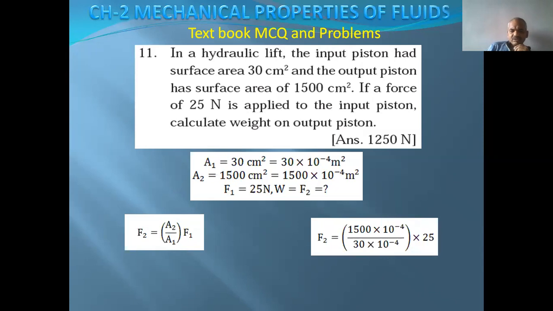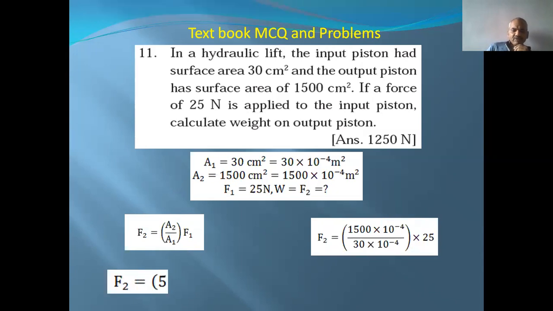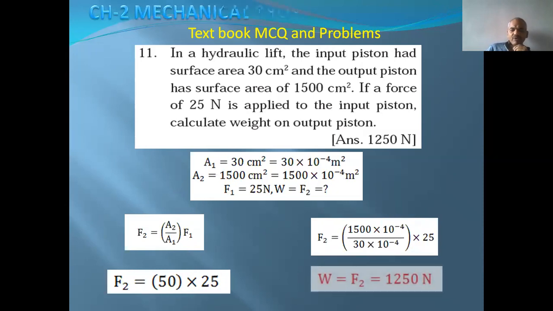The calculation is very simple. 10 raised to minus 4 cancels out, 0 0 cancels out, you get in bracket only 50, and 50 into 25, you get 1250 Newton. That means if we apply the 25 Newton at the input piston, you can easily lift the weight of 1250 Newton at the output piston.